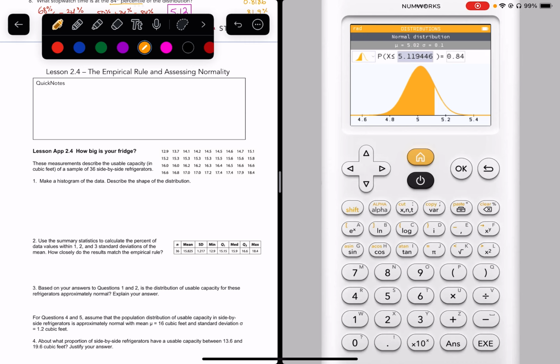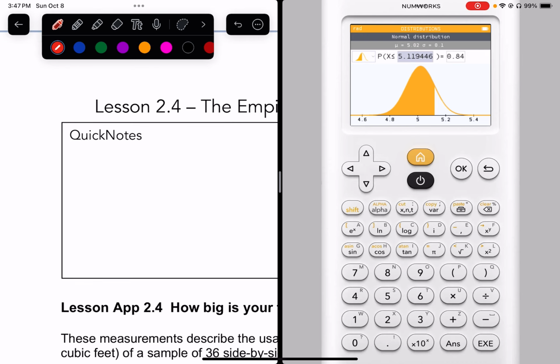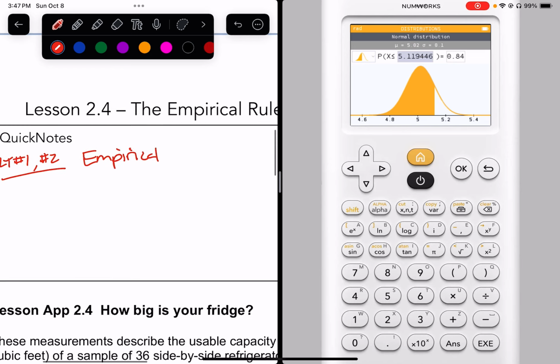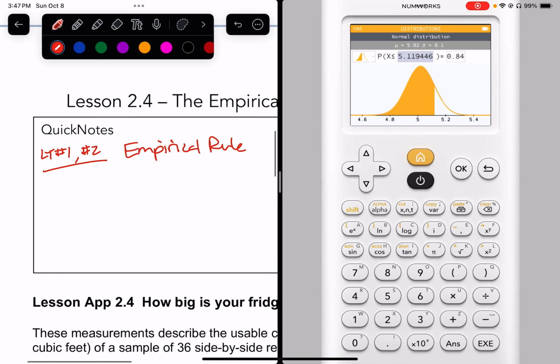So first, our big main thing we talked about, our learning target number 1 and number 2, talks about the empirical rule. And so if you remember from the first video, this was the 68, 95, 99.7 rule.